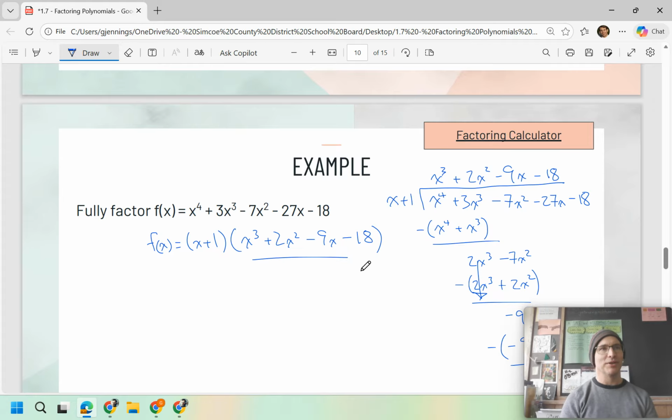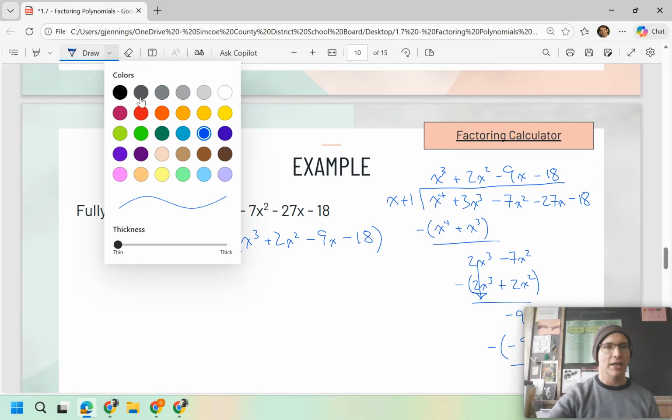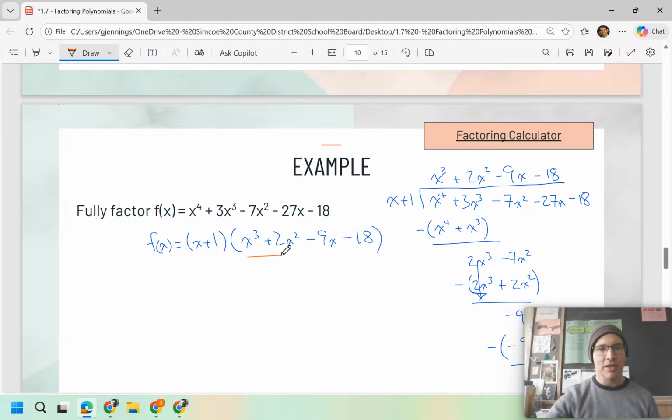Boom! That's beautiful. This one can factor by grouping. Let's go. I love it. You might do this separately, or you might do it right here. Let's do it right here. You can keep these in the flow of your solution if it's beautiful like this.